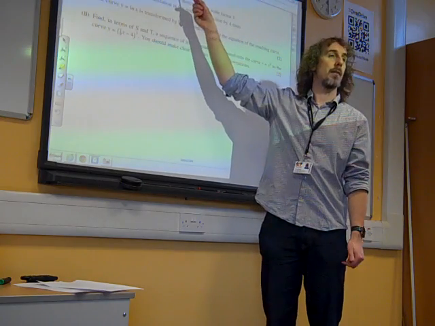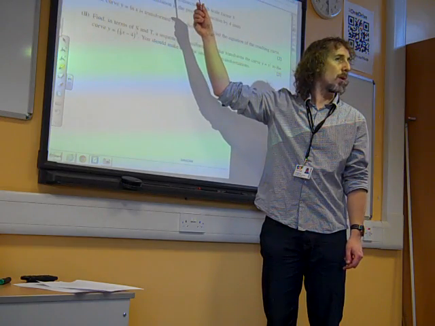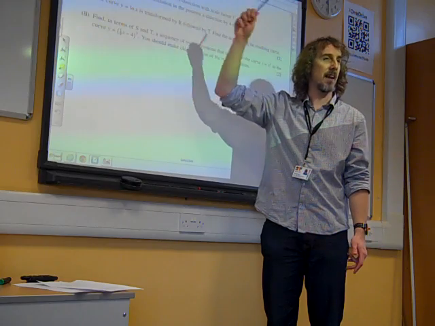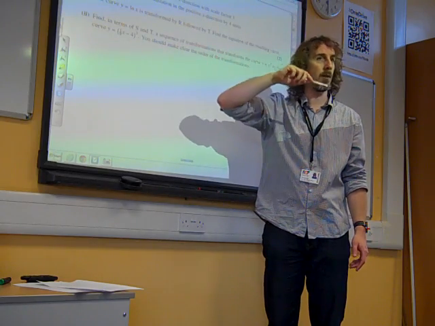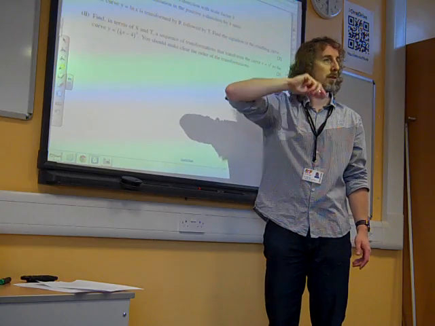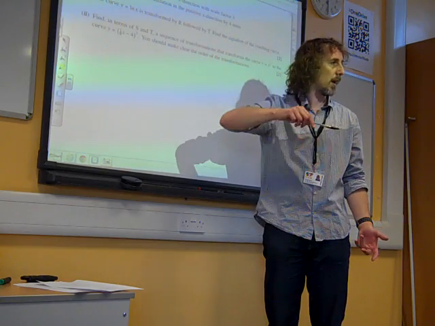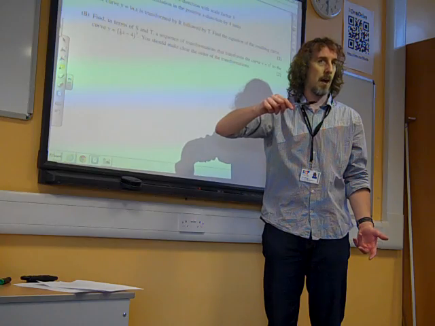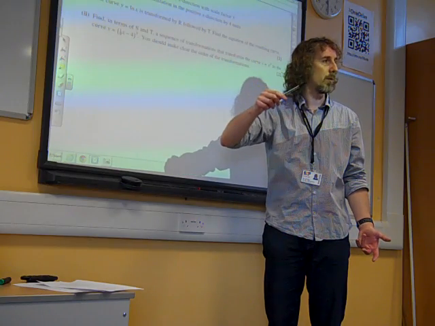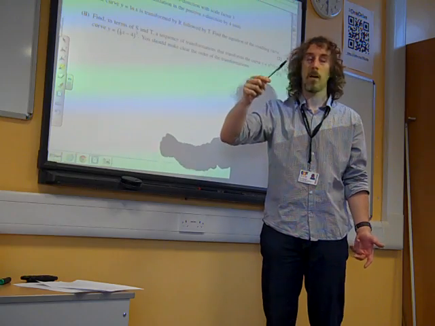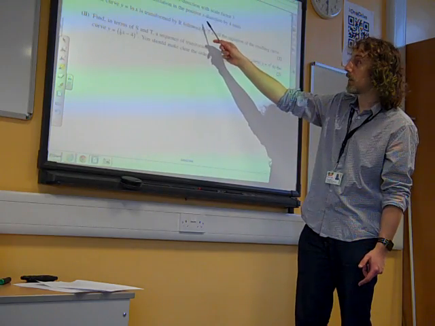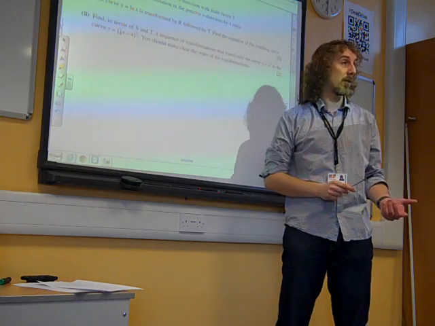Although that says reflection in the x-axis, we know that a reflection in the x-axis is actually a y direction thing, because it's a vertical thing. It is a stretch scale factor -1 in the y direction, parallel to the y-axis. Does that make sense? And T is a translation in the positive x direction.